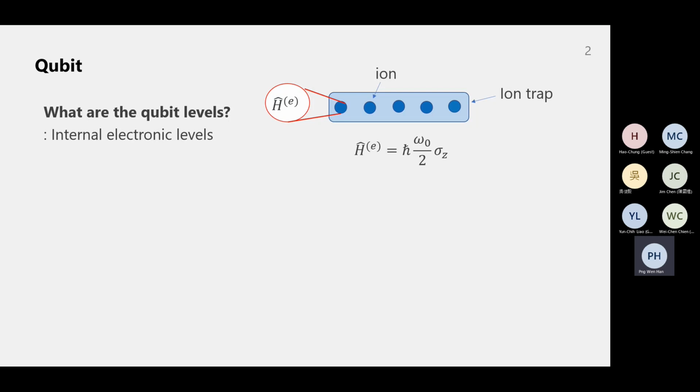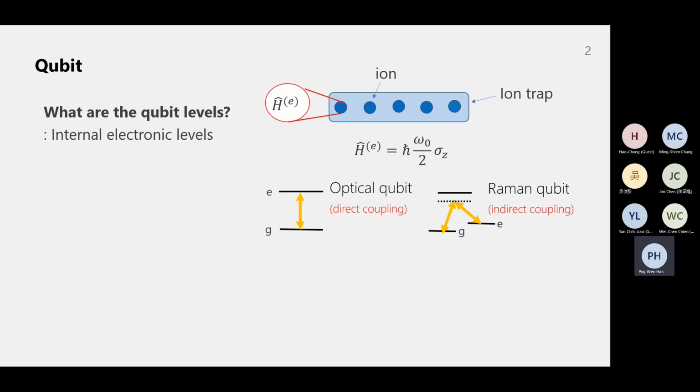There are many kinds of qubits in trapped ion systems. One way we categorize them is optical qubits and Raman qubits. For optical qubits, the drive directly couples the excited and the ground state. For Raman qubits, we drive Raman transitions that couple the ground state and excited state through an intermediate state.